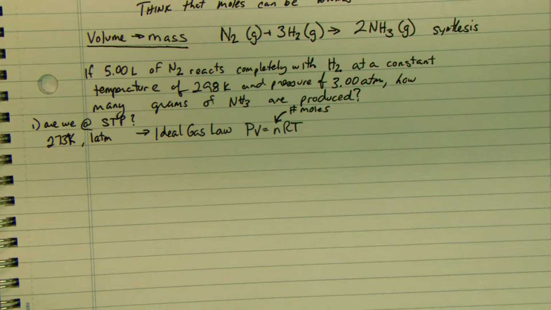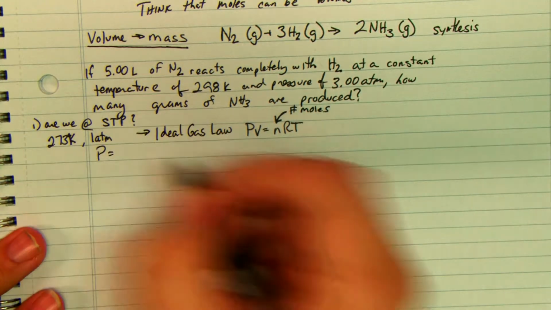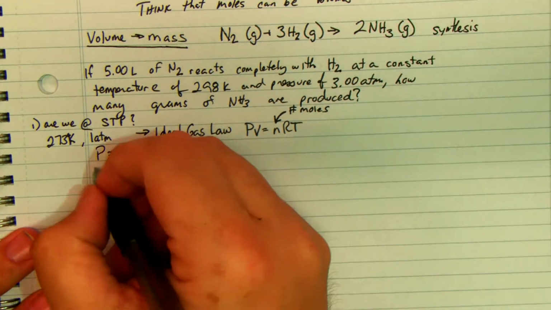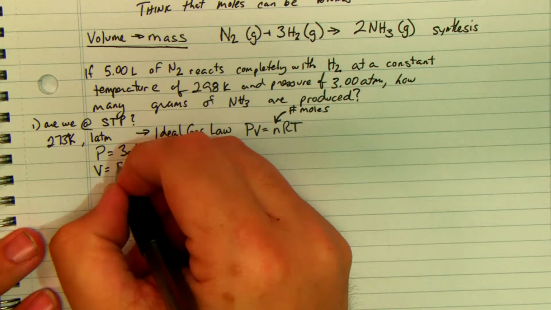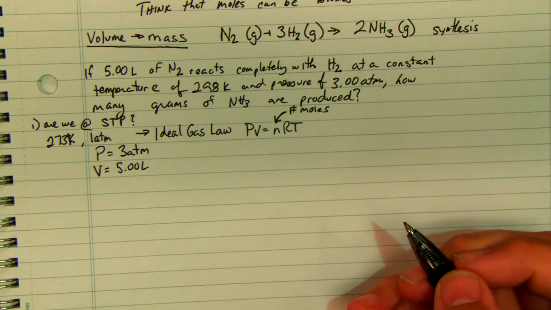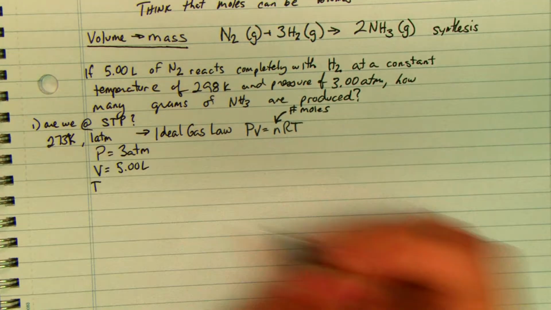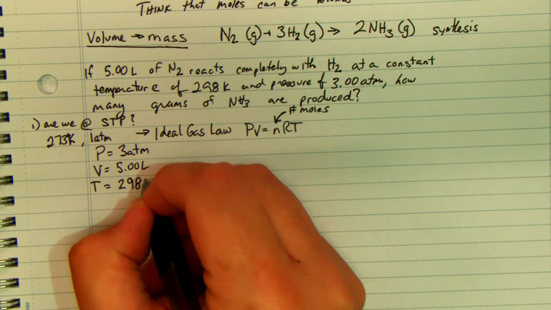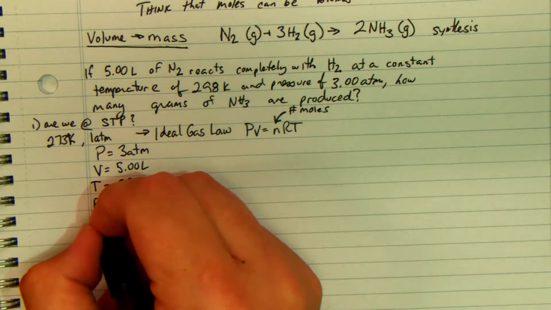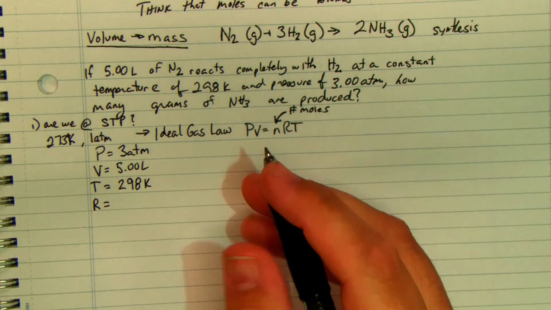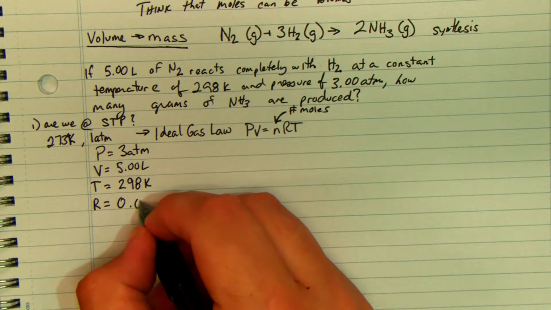All right, so I know my pressure. My pressure is 3 atmospheres. I know my volume. My volume is 5.00 liters. I know my temperature, 298 Kelvin. I also know the constant R. Now, which constant are we going to use with atmospheres? When you check back at the notes, it should be the 0.0821.